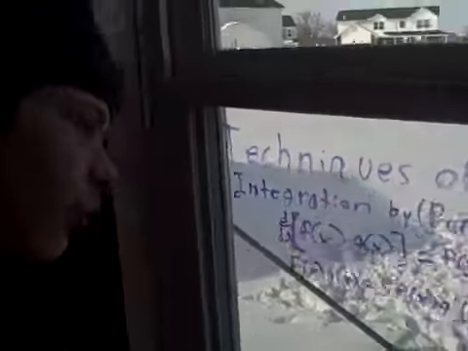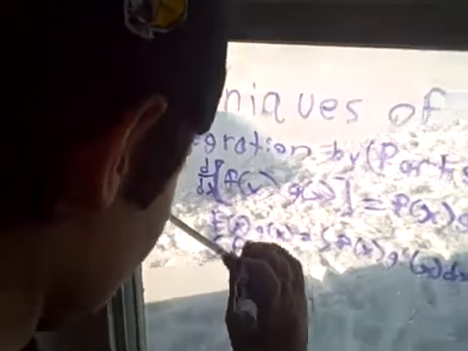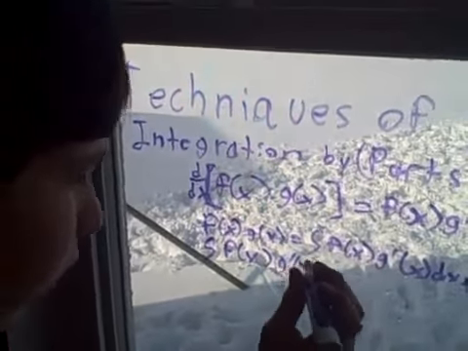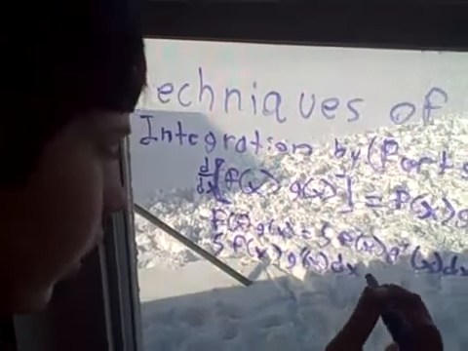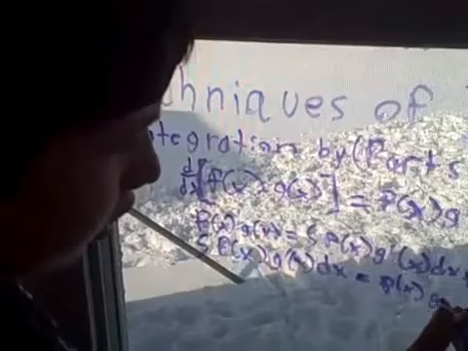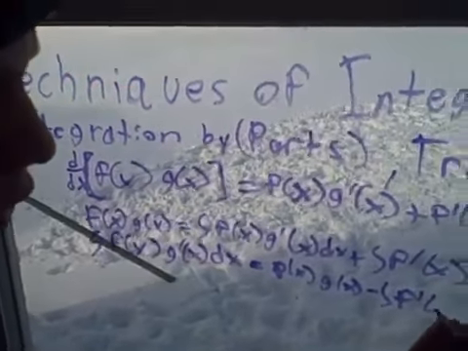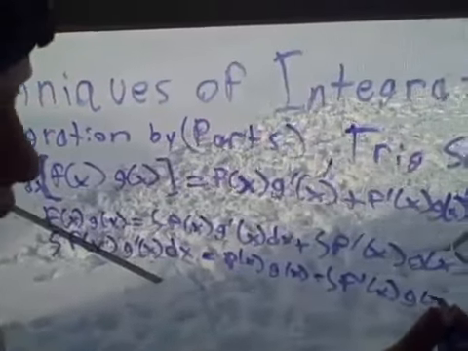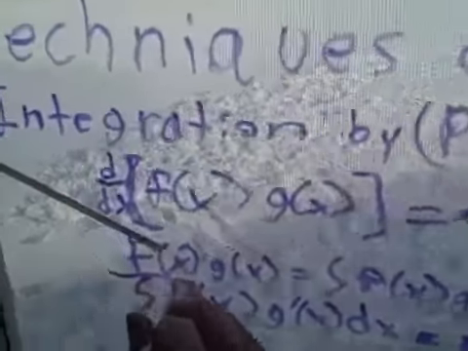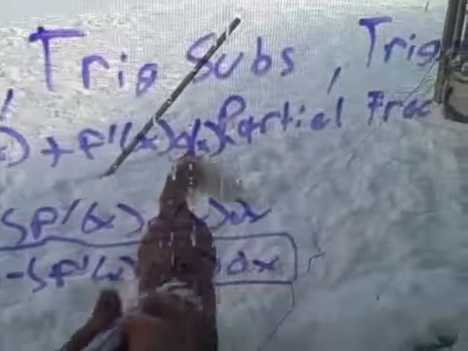I subtract this integral from the other side, so then I can get the integral of f of x times g prime of x dx equals f of x g of x minus integral of f prime of x g of x dx.